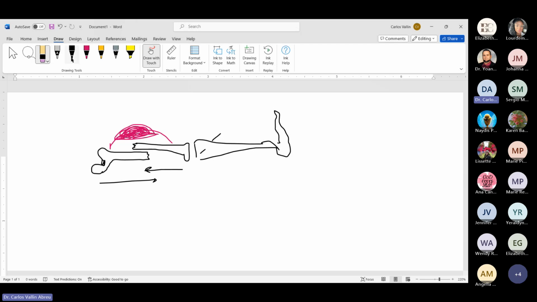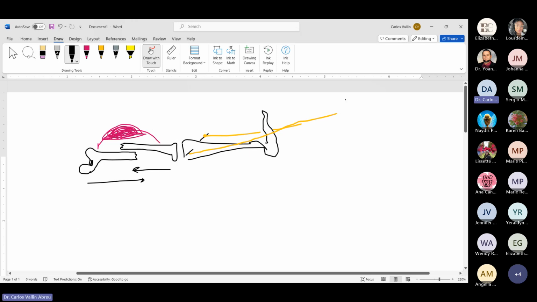A pin is introduced in the bone with a drill, and then it's going to be tied to ropes. Ropes that go to a pulley, and then the rope is going to have a weight hanging freely there.